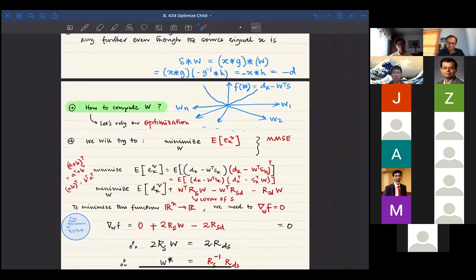Remember we said W is these parameters that we can control, and we want to differentiate this function and find which value of W will bring us to the minimum.